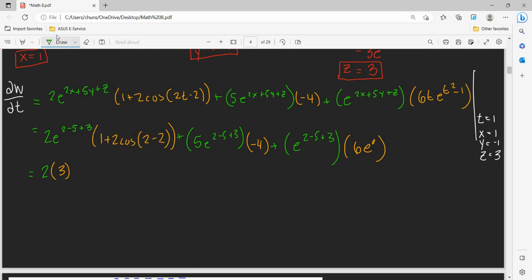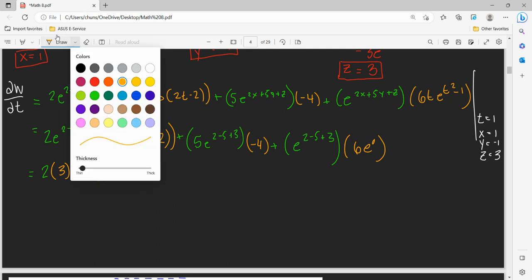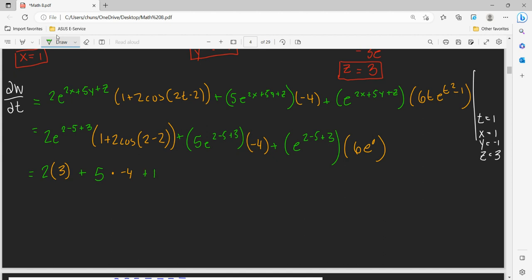Okay, and our next term, we have just 5, and that's times -4. Here we just have 1, and this is times 6. Okay, so in total, our answer comes out to, so this is 6 minus 20 plus 6, so this is equal to -20 as our final answer. Nope, that is not how math works. Sorry, this is -18.